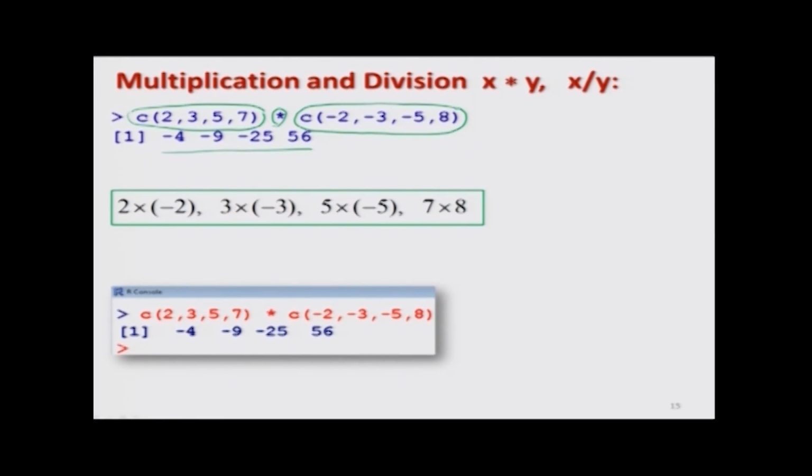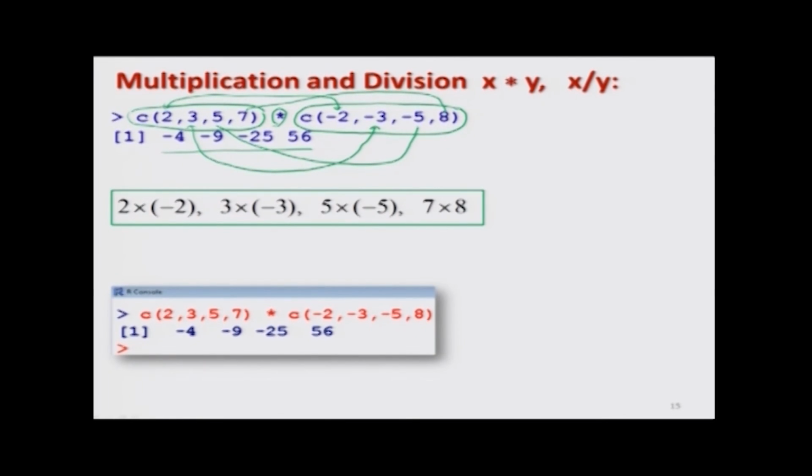The first element is multiplied by the first element of the other vector, the second by the second, 5 at the third place with the third value, and 7 at the fourth place with the fourth value.